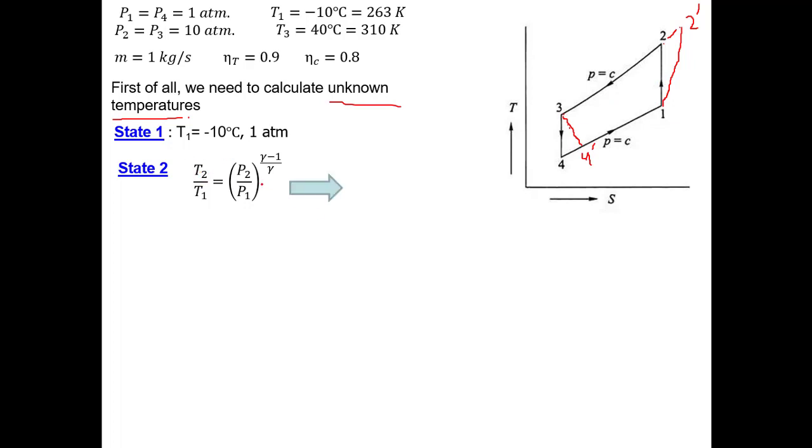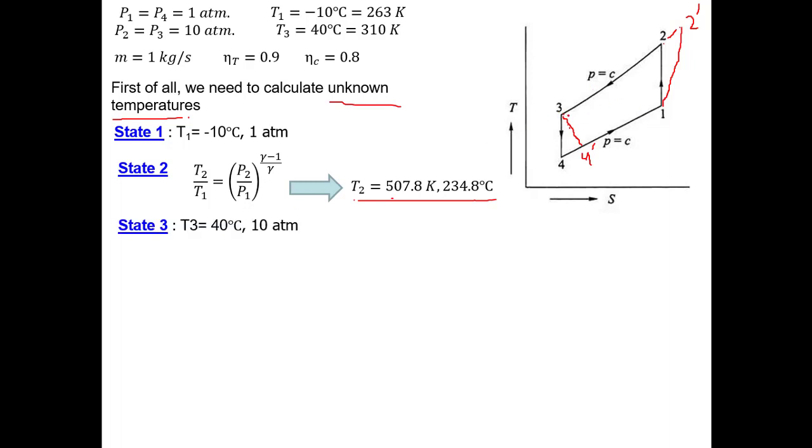If we put these values, 10 is the pressure ratio, and we know T1, so we can calculate T2. The T2 temperature after the compressor is equal to 507.8 Kelvin, or in degree centigrade, 234.8 degrees C.